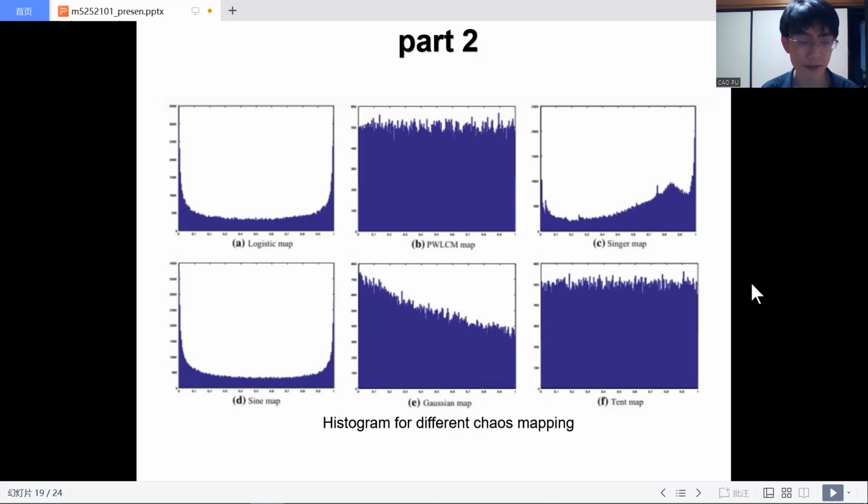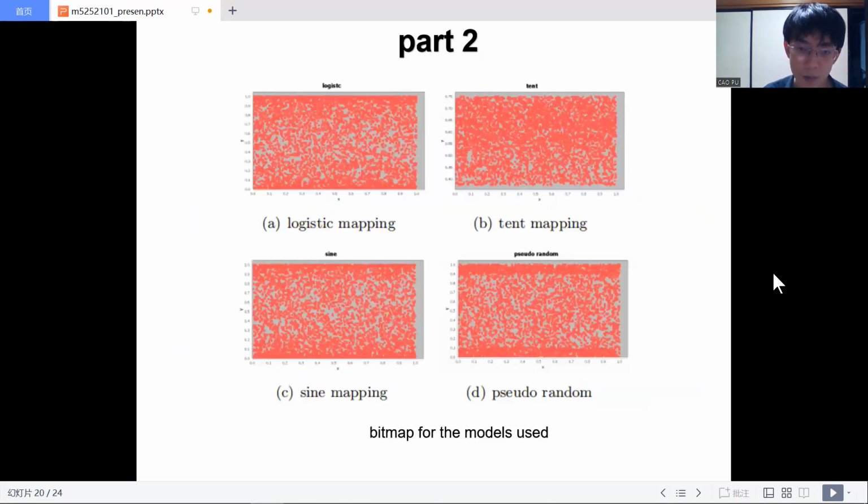We want to know whether the distribution affects the final result, or the feature of the chaos affects the final result. So we designed a function called pseudo-random, which has a very similar distribution to the logistic mapping and sine mapping, but is not a chaotic mapping.